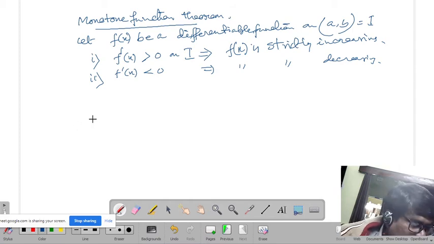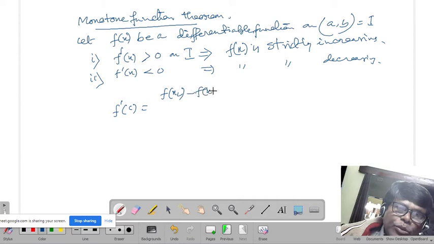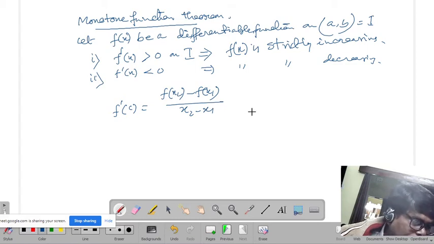Say we know that f dash c is equal to (f(x2) minus f(x1)) by (x2 minus x1). Now from this, after cross multiplication, you will get this one.